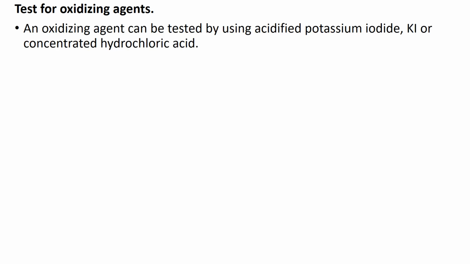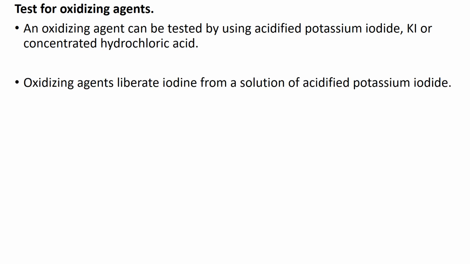We also take a look at the test for oxidizing agents. An oxidizing agent can be tested by using acidified potassium iodide or concentrated hydrochloric acid. Oxidizing agents liberate iodine from a solution of acidified potassium iodide.